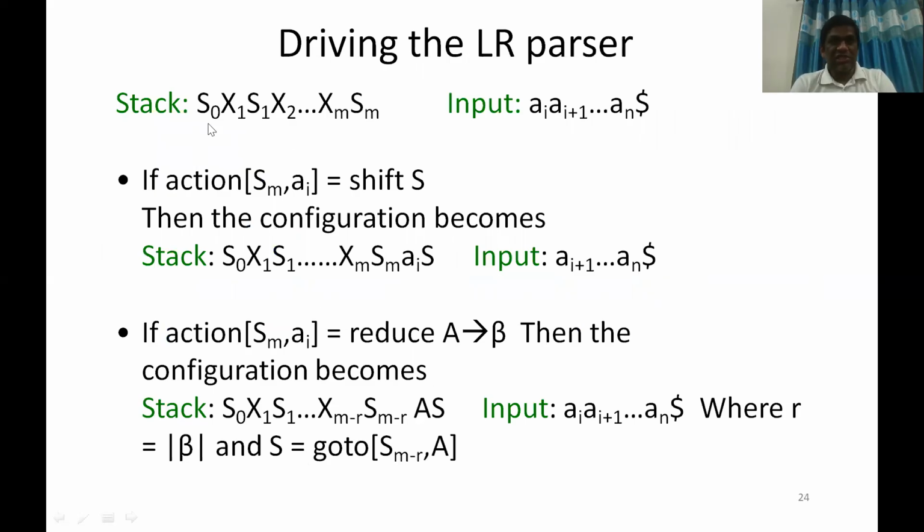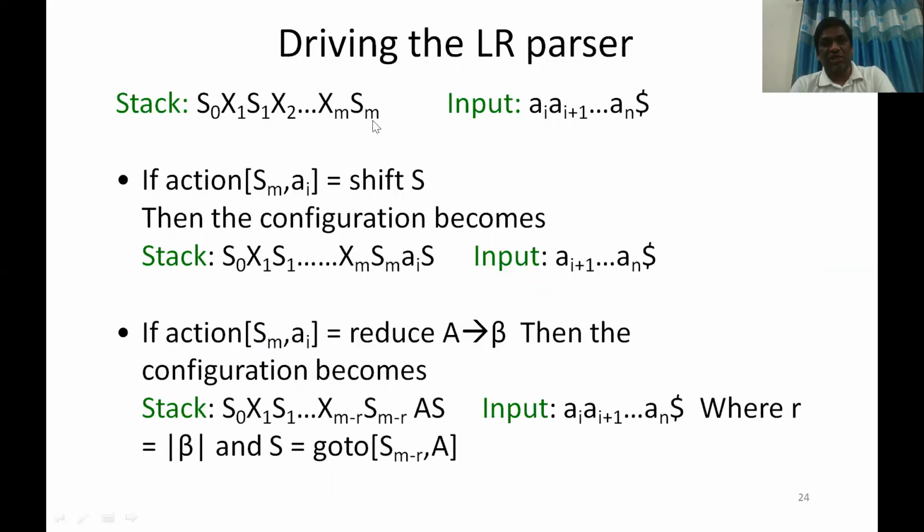Let's say this is the stack contents S0, X1, S1, X2, so on, XM, SM. Here S0, S1, so on, SM are the states, and X1, X2, XM are the input symbols. And this is the input AI plus 1, so on, AN followed by a dot. You need to check the topmost symbol of the stack, SM, with the current symbol from left to right, say AI.